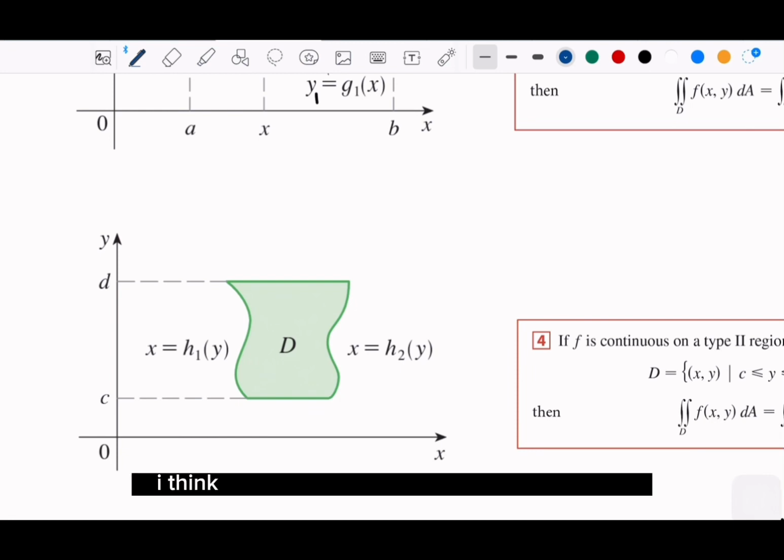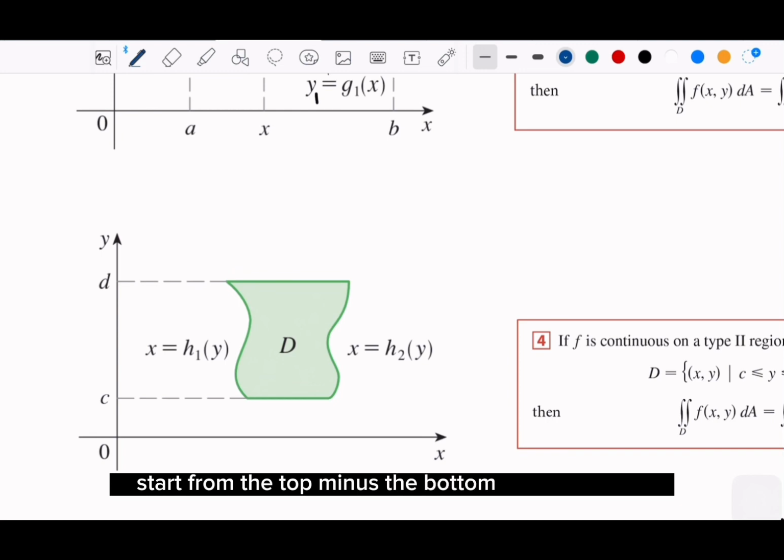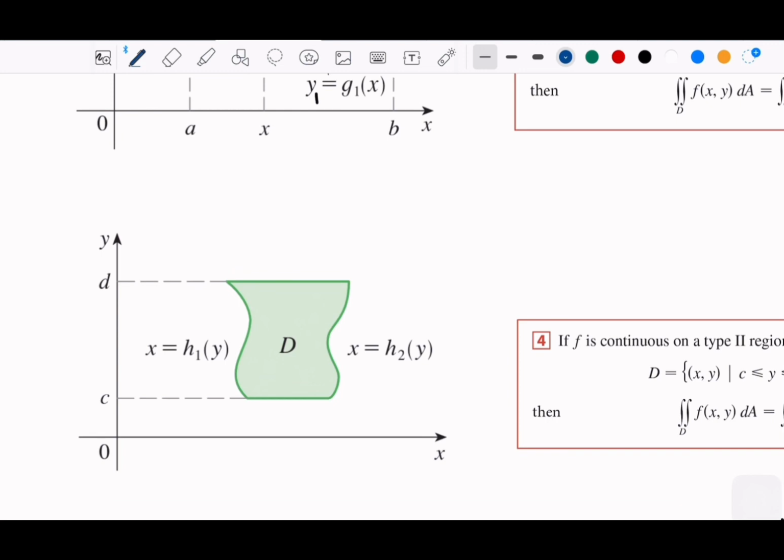I think the logic is also similar to calculus 1. If you have a function of y, you start from the right, minus the left. In a function of x, start from the top, minus the bottom one.